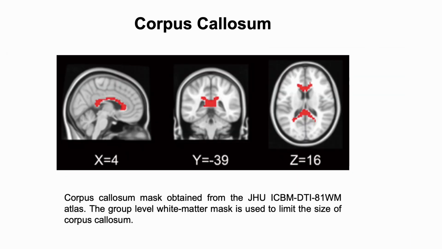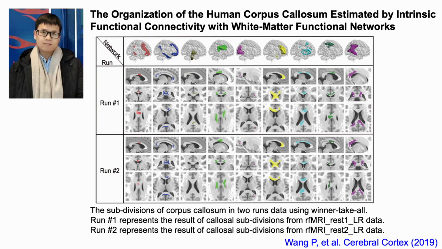So what we did was we focused on corpus callosum, one of the largest white matter structures, and we used the human connectome data. What can be seen here is we are showing specific regions of the corpus callosum which correlate to the specific white matter network.